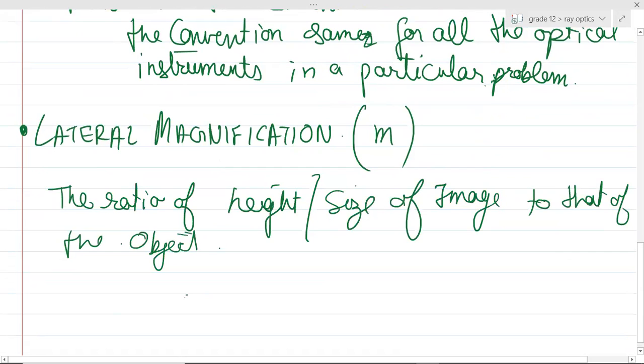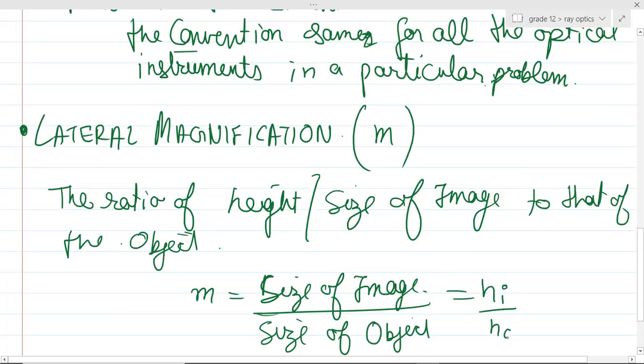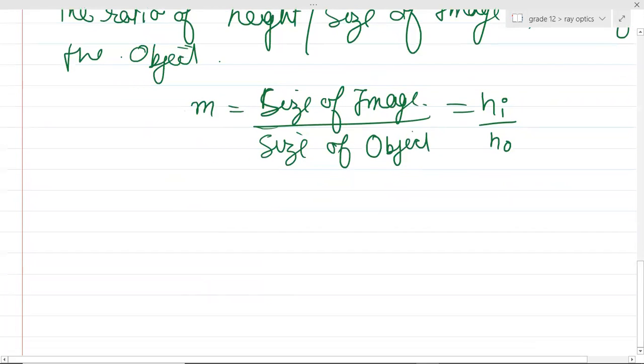So always remember, guys, lateral magnification is equal to the size of image over size of object, and it is equal to hi by ho. ये सबको पता है? Yes or no? Yes. चलो, let's try to derive this particular thing.